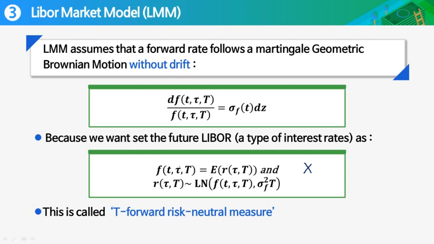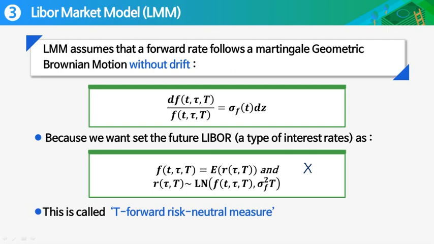So the forward rate that we set today, the forward rate between tau and t, is just the expected value of the interest rate tau t. Again, I want to emphasize this because it is very important. This is generally not true, but we want to assume that we are living in a world in which this holds.